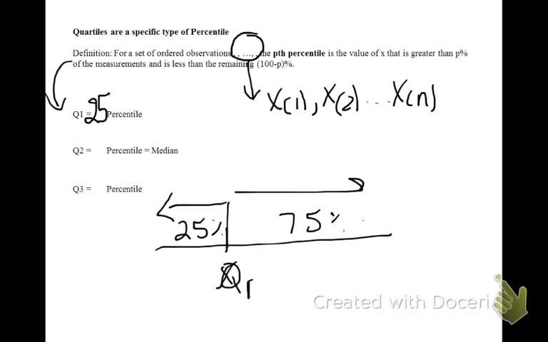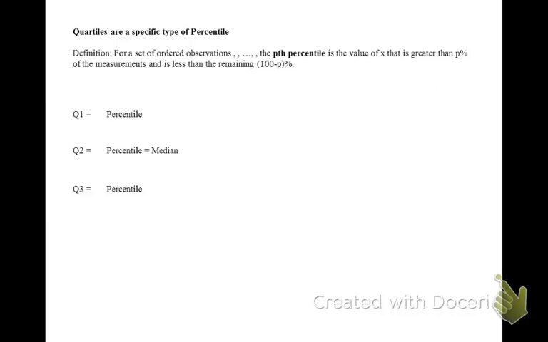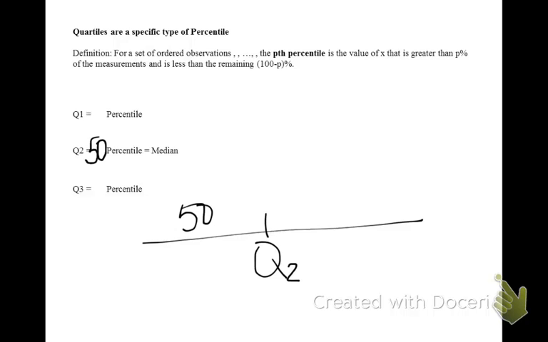When you see percentile, basically think it's the probability of being less than a number. If you're looking at Q2, this is your 50th percentile. So it's basically like saying at Q2, it's the 50th percentile, there's a 50% chance of being smaller than Q2.